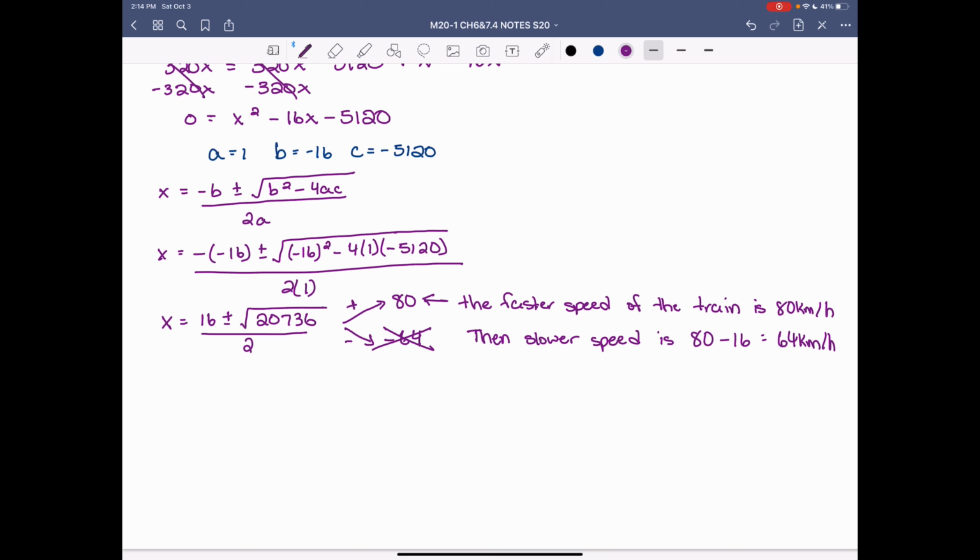So the average would be our faster speed, 80 kilometers per hour, plus our slower speed, 64 kilometers per hour. Add those together and divide by 2. We get 144 divided by 2, which is 72 kilometers per hour for the average speed.